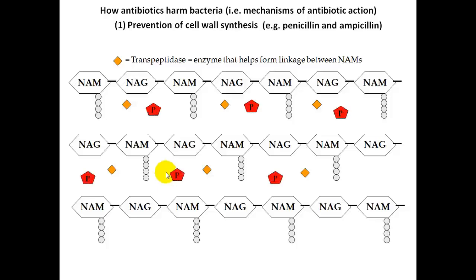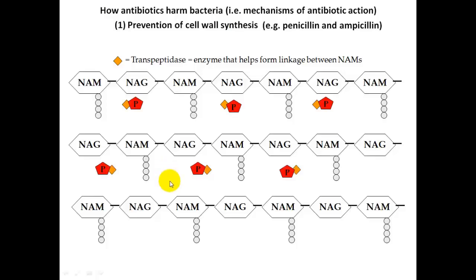Those penicillin molecules bind to the transpeptidase enzyme and deactivate it. If there's no transpeptidase, those linkages between the peptide chains cannot form. And if those bonds cannot form, the bacterial cell has a really weak cell wall that could fall apart. Because it can fall apart, that's what ends up doing the bacteria in.